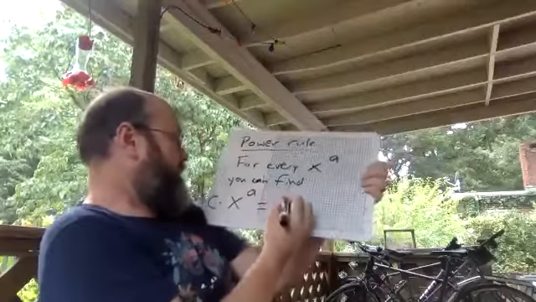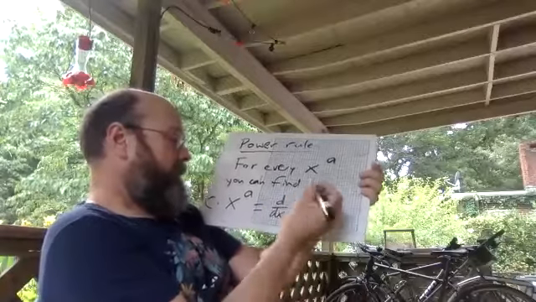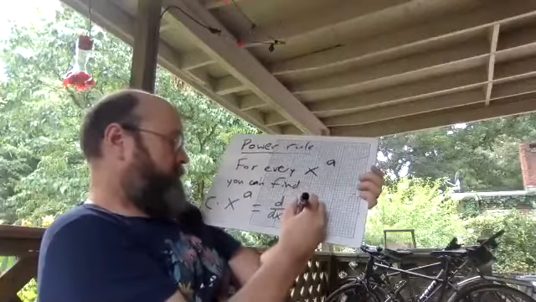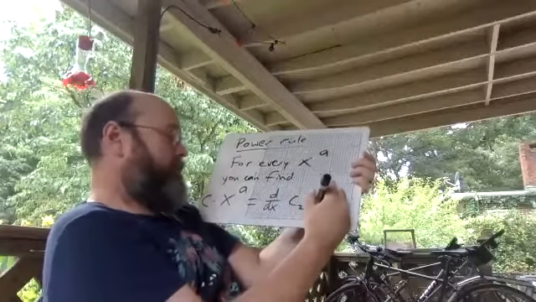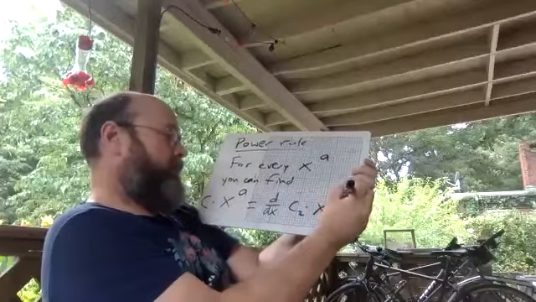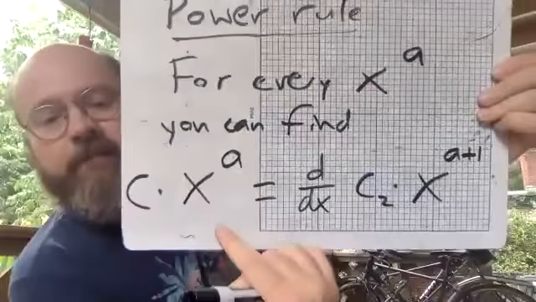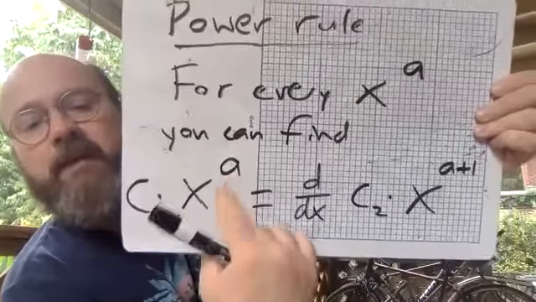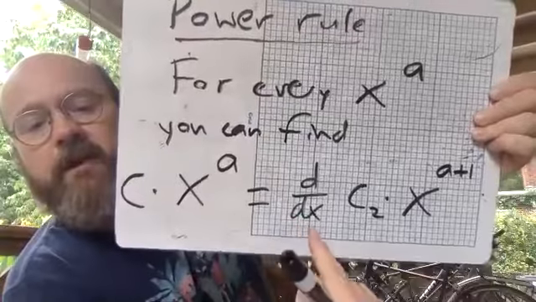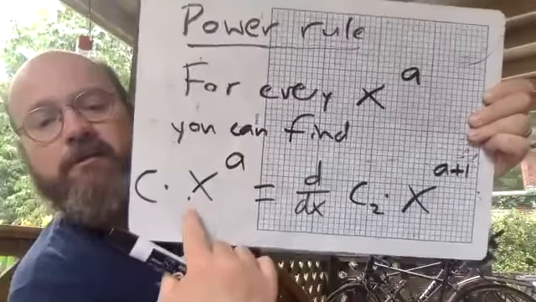You can find that this is going to be the derivative of some other constant, we'll call it C2, times x to the a plus 1. I'm just saying, this is what the power rule looks like. Anytime you want to get x to some power, you can get it by taking the derivative of x to the next power up for all powers.